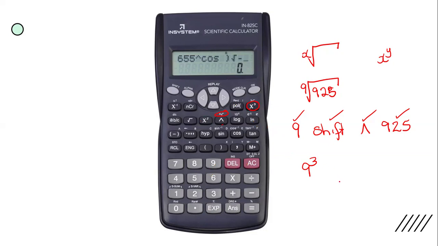If you're taking the cube root of a number like 729, you would first press shift, then the x cubed button, because this symbol in the background will then come up on your screen, and then you would enter your 729 and your equal sign.